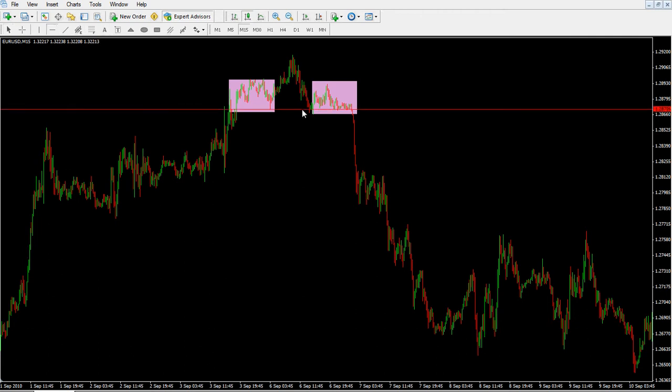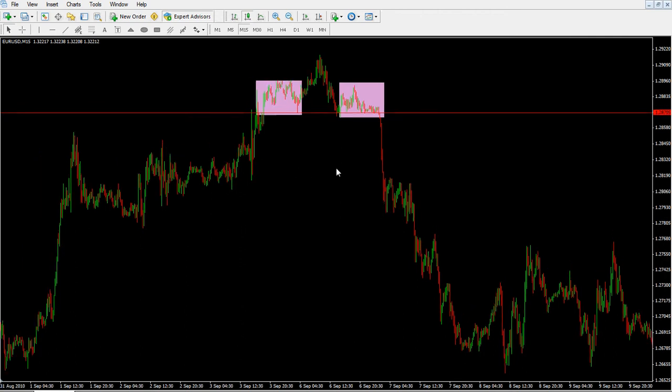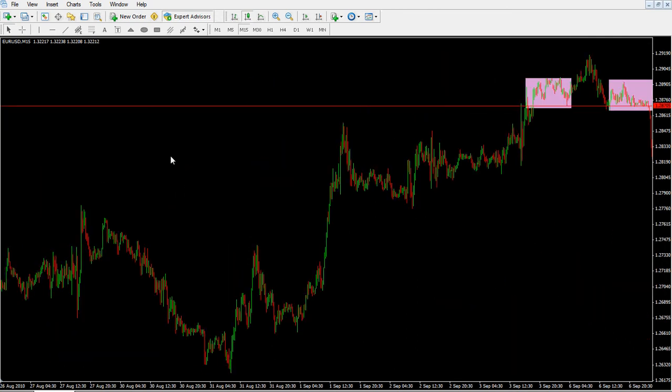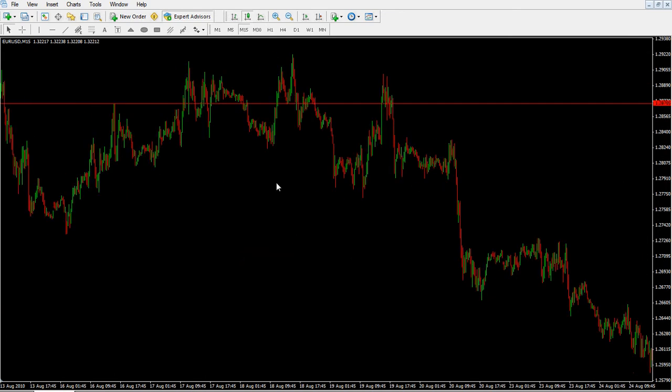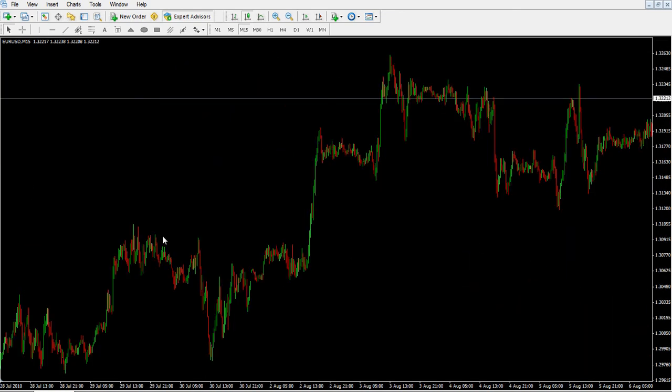So we can notice the base of this pattern right here. It is a classic example of a trend reversal pattern, and the trend changed aggressively after the break from this head and shoulders pattern. This is a beautiful example of trading, and unfortunately most head and shoulders patterns will not be so beautiful on live charts.